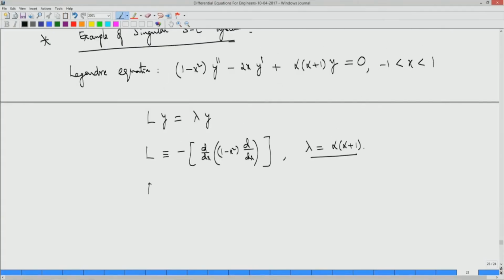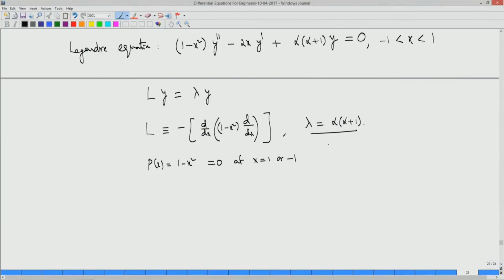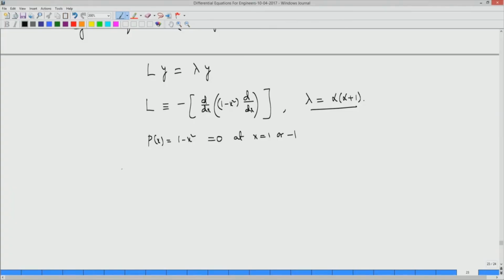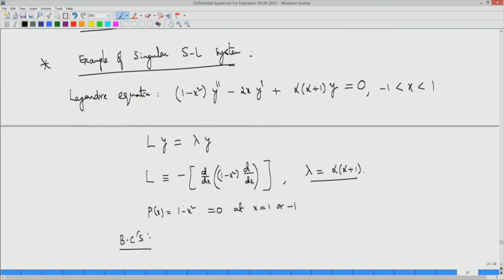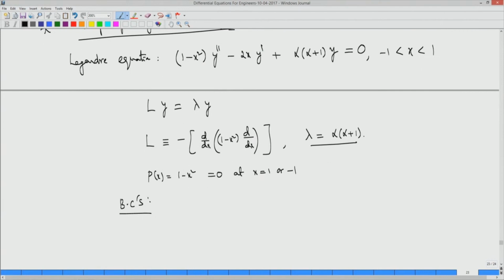So, what is P? P(x) is 1 minus x square, which is actually 0 at x equal to 1 or minus 1. That means it is a singular self adjoint equation, a singular Sturm-Liouville type of equation. So, what are the boundary conditions to prescribe in this singular Sturm-Liouville system when both P at 1 and P at minus 1 are 0?